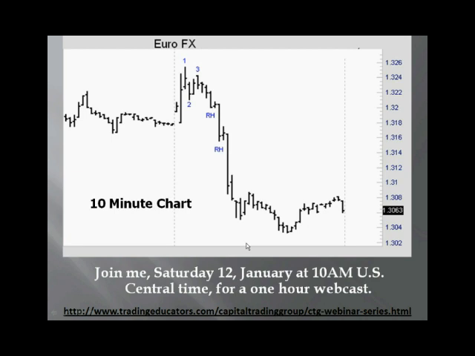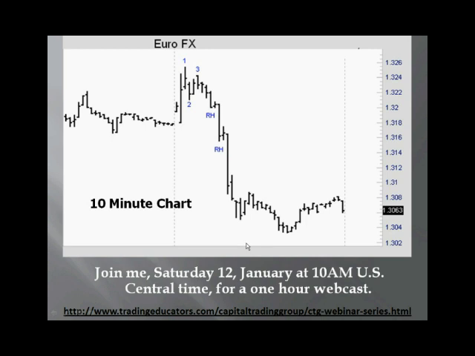Now you can see that reflected on a 10-minute chart of the Euro FX. If the dollar is going up and the dollar index was making a 1, 2, 3 low, we see that the Euro FX was making a 1, 2, 3 high. And it would be identically the same thing in Forex on the euro dollar chart. When those bears began to buy, they were joined by dollar bulls, as I said, to the extent that buying pressure overcame selling pressure.